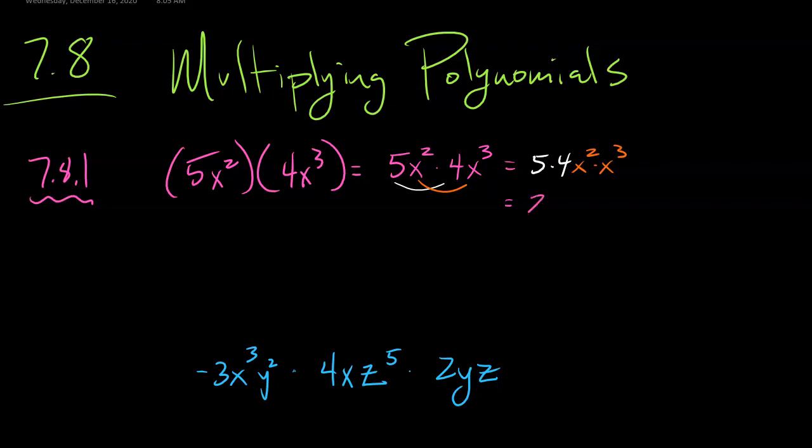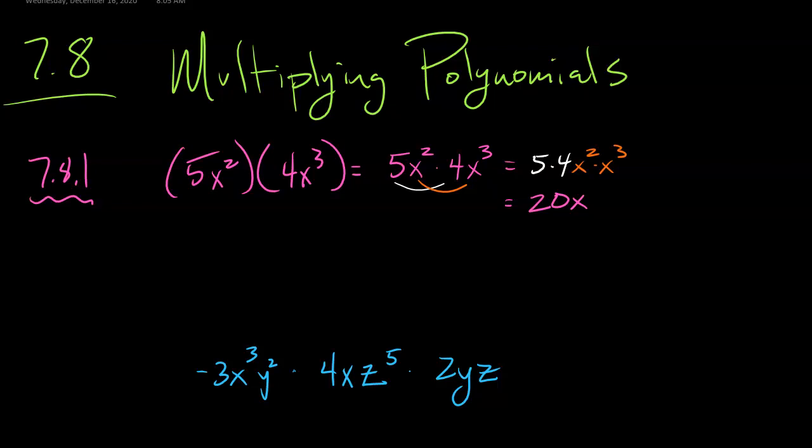So 5 times 4 is 20. x squared times x cubed. Murph, do you remember what we do when we're multiplying x squared times x cubed? What does it become? Okay, we basically have two choices. You're either going to add the powers or you're going to multiply the powers. That's what most people break it down into.